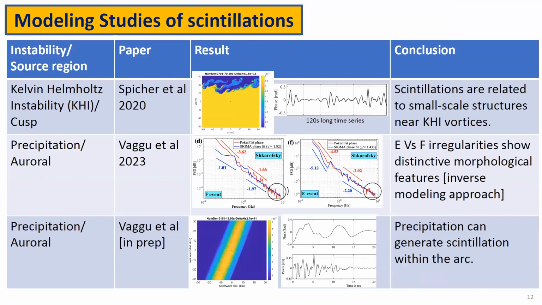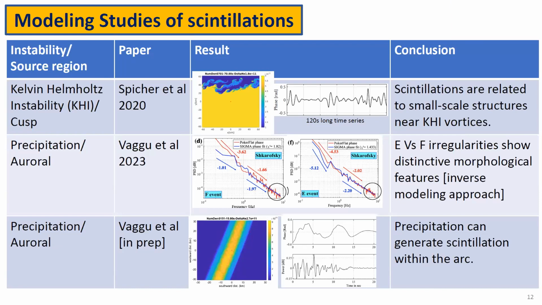We've looked at Kelvin-Helmholtz instability in the cusp region with Andres, and what we found out is there are oscillations associated with small scale structures in the vortices of KHI. Pralay Baggu, my PhD student, has looked at the auroral oval and a precipitation related study where he didn't use a GEMINI SIGMA combination, but he used SIGMA with an inverse method or inverse modeling approach.